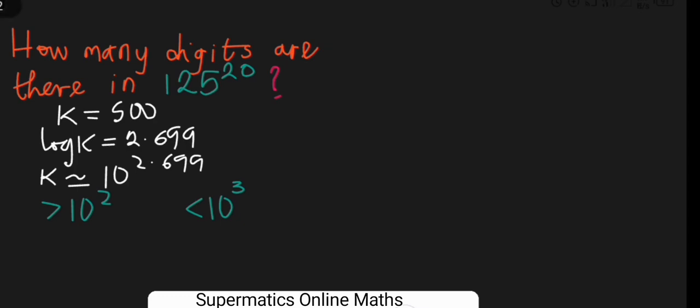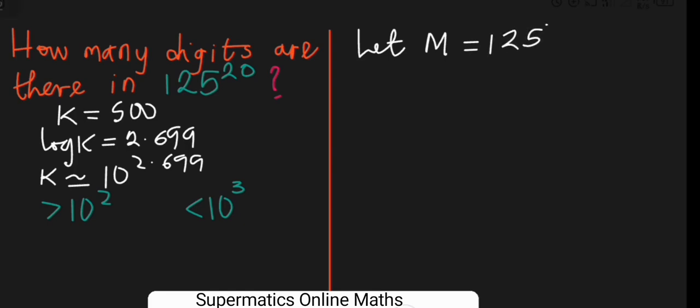So applying this approach, we'll let m be the power in consideration, 125 to the 20th power. Then we take the logarithm of both sides. So the logarithm of m is equal to the logarithm of 125 to the 20th power.